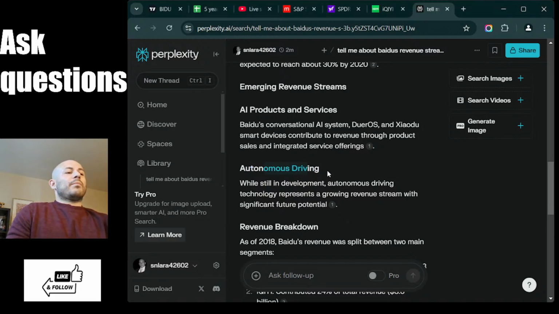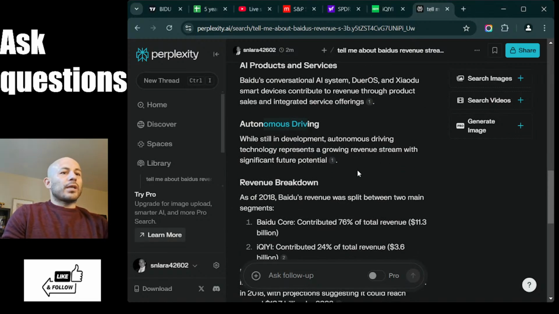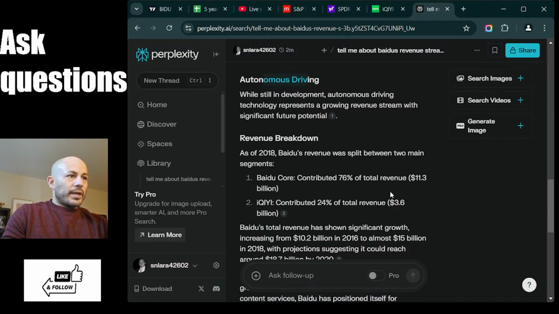That's going to be like a Hail Mary, especially right now. Robo-taxis and autonomous driving is just sucking up capital for most businesses. Revenue breakdown. So the core business is 11 billion total revenue, 76% of total revenue from probably search and video.